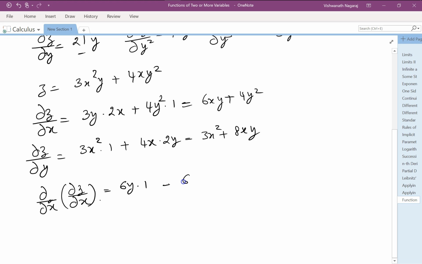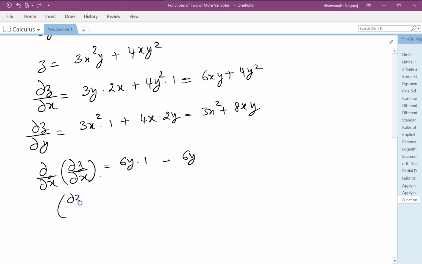So we are left with 6y. Now we differentiate dou z by dou x with respect to y. We are left with 6x times 1 plus 8y. So x is constant because we are differentiating with respect to y, and we get 6x plus 8y.